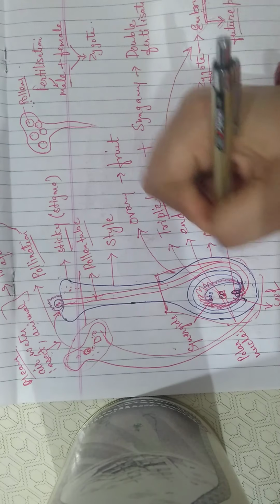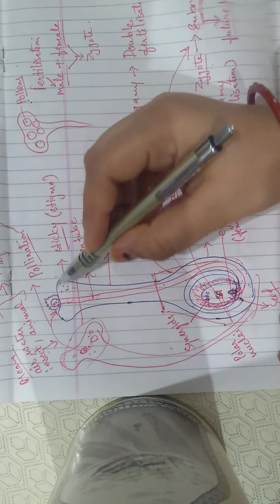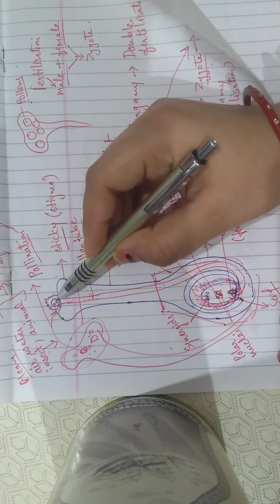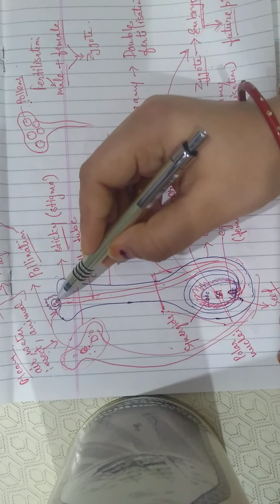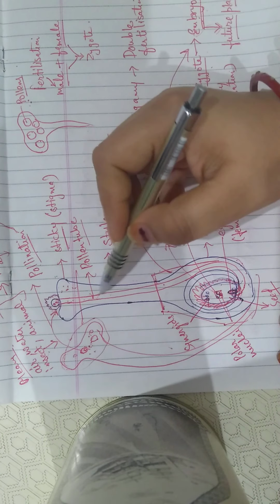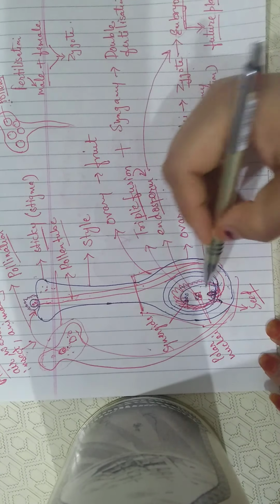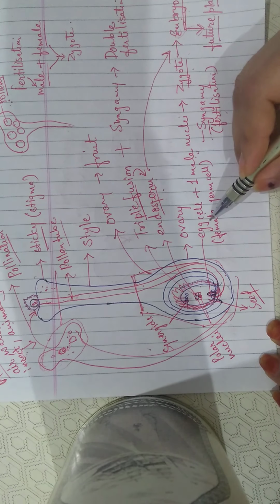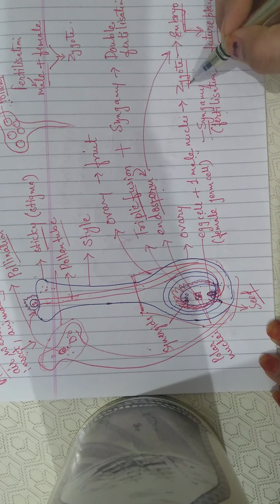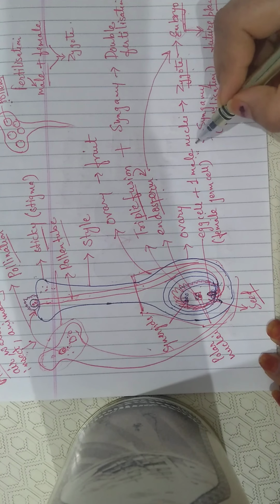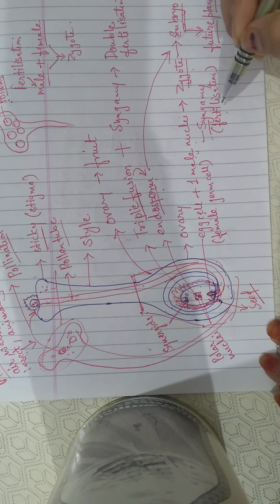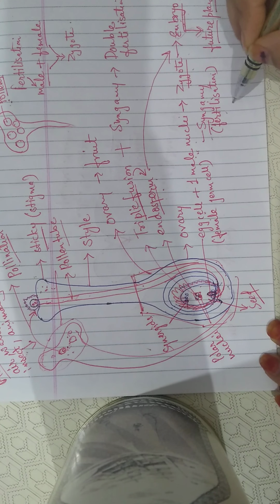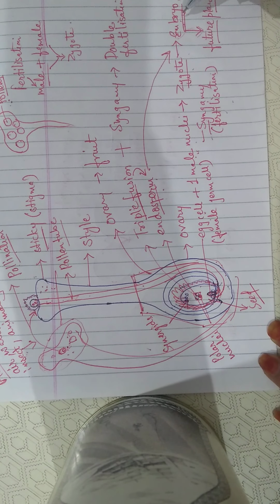This pollen tube reaches the ovule, and the two male nuclei which are inside the pollen are transferred to the ovule via this pollen tube. Inside the ovule, one male nucleus fuses with the egg cell and forms the zygote. This process of formation of zygote by the fusion of male nucleus and egg cell is known as syngamy or fertilization, and this zygote further divides and gives rise to the embryo, which gives rise to the future plant.